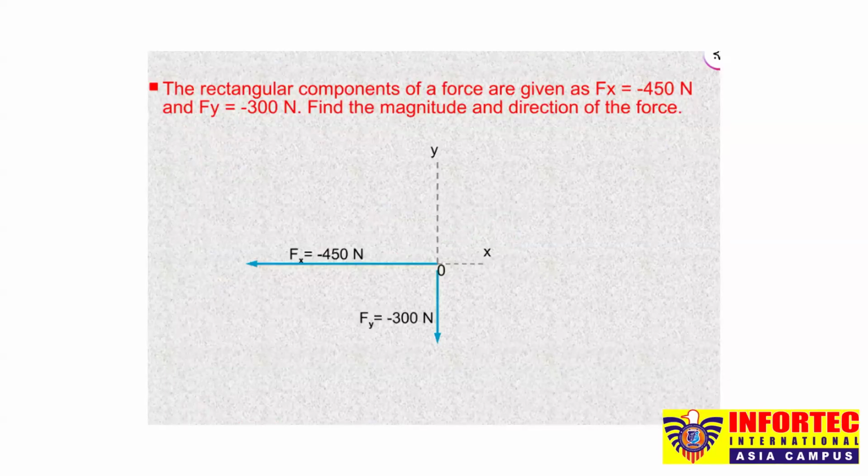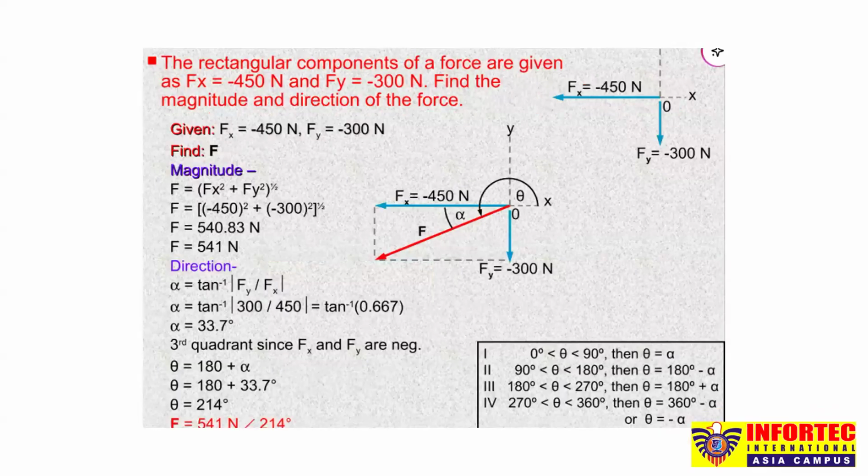Then Fx is negative, on the opposite side, 450 Newton. Another one, Fy, on the opposite side of the y-axis, is equal to minus 300 Newton. I put it as 300 Newton because I marked the direction like this. In this slide, we can see 450 Newton and 300 Newton, but the directions are opposite. How to find the resultant value? I will explain using my board. Again, you can see.